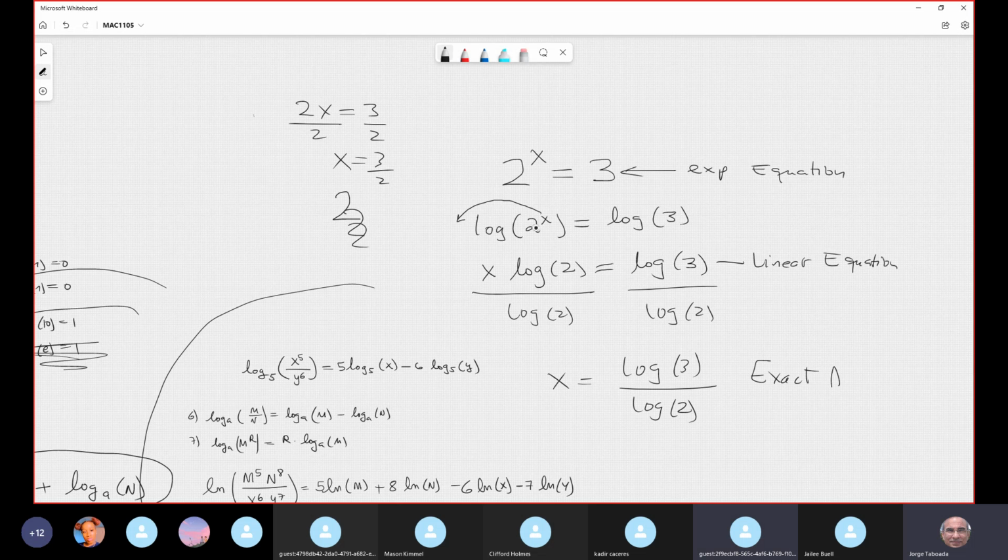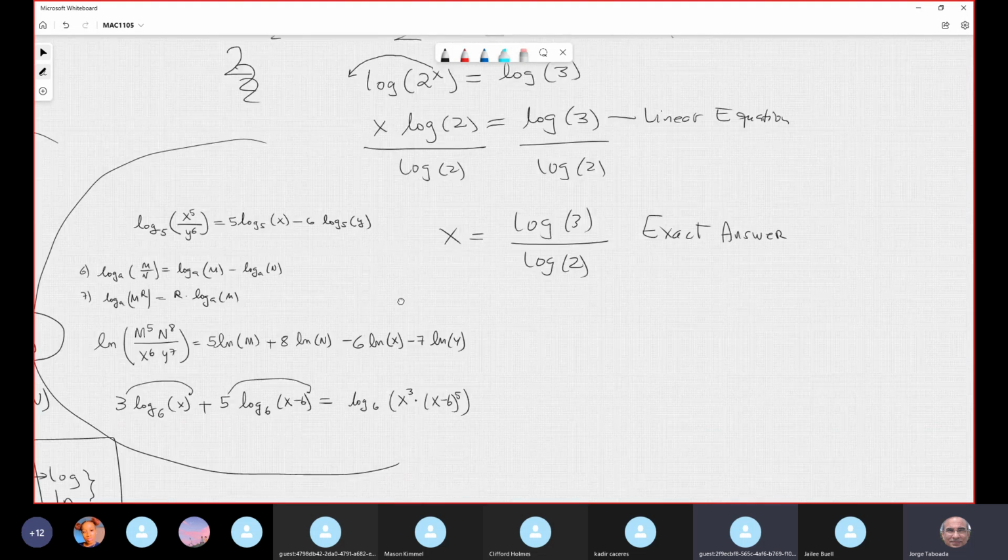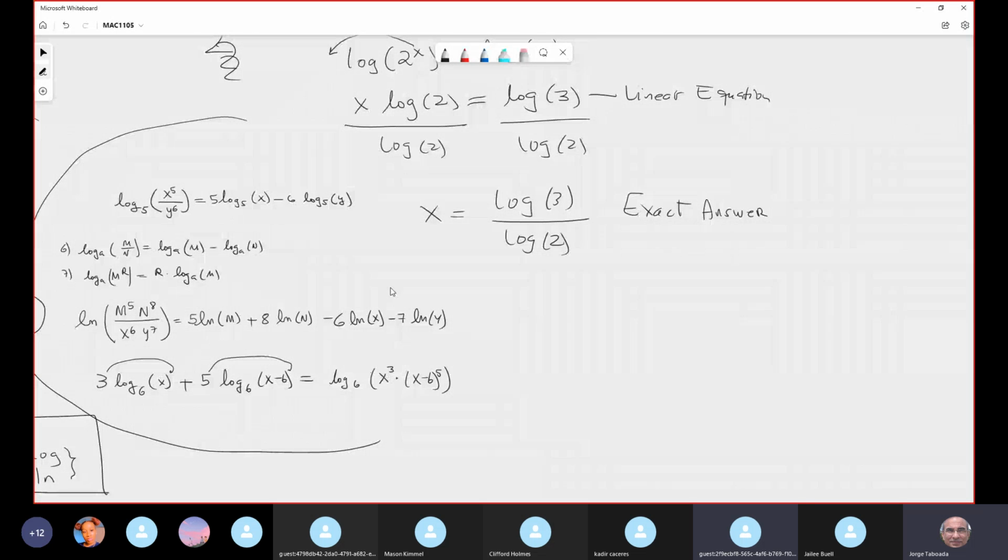However, in the test, normally I ask you for the approximate answer using maybe 4 decimal places. This is what we practice in the next class.